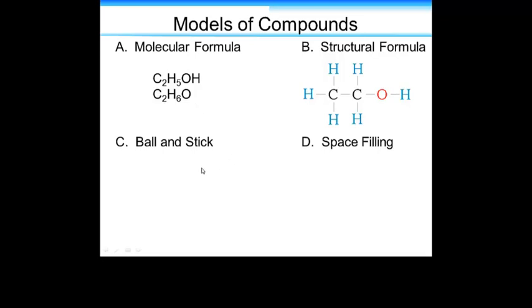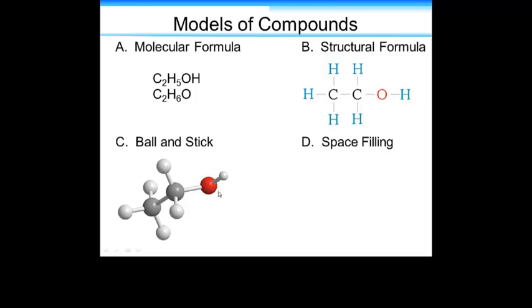There are two other types of representations we'll see. One's a ball and stick, and it just uses spheres and lines to indicate how the atoms are connected. So these would be carbon atoms. These would be hydrogen atoms. Hydrogens are generally white in model kits, and carbon atoms are generally black or dark gray.